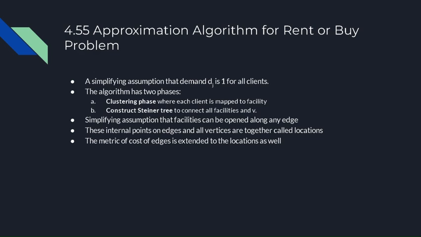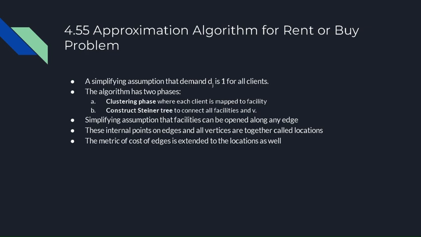That is, if we have an edge UW, then you can open a facility at any point on the edge between U and W. These internal points on the edges and all the vertices together are called locations. We will not call them facilities, we'll call them locations. And the metric that we had put on the cost of edges will now extend to these locations as well.